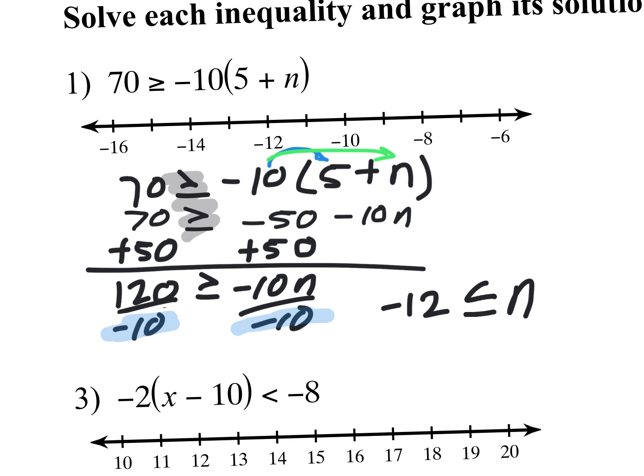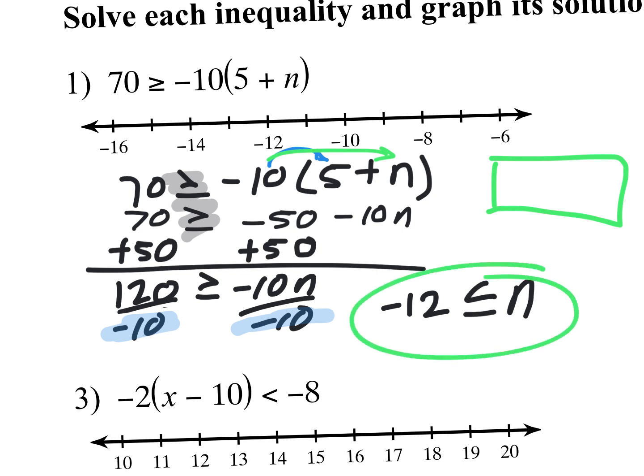Now, if you go to type it into the answer box, I know I wrote over where on your class it says inequality, type the variable first, okay? Technically, this is correct. There's nothing wrong with this. Mathematically, it is correct.